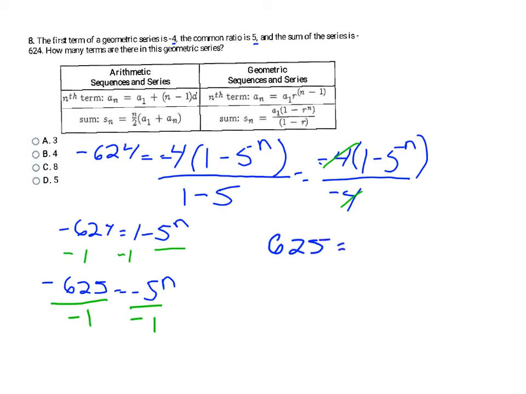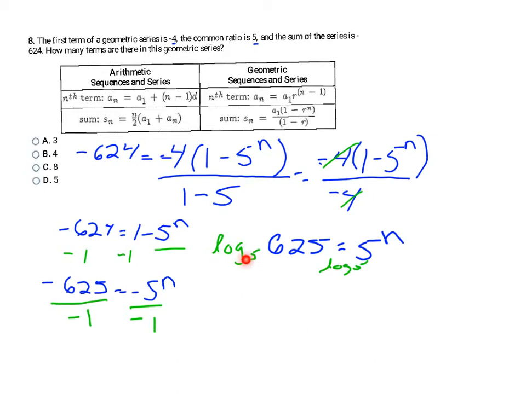So I can take that logarithm. So I'm going to have 625 equals 5 to the n power. And now I look and say, okay, my base is positive. So I'm going to go ahead and take the log base 5 of both sides.